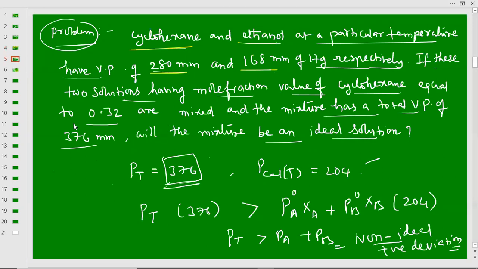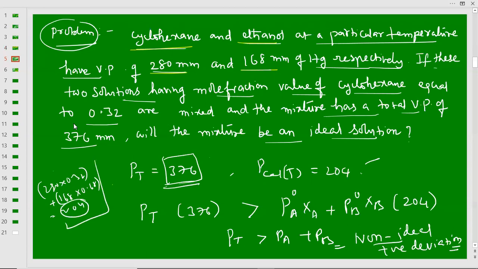See here, 280 is the vapor pressure of cyclohexane with mole fraction 0.32, plus the vapor pressure of ethanol, 168, into its mole fraction, 0.68. Approximately we got 204.